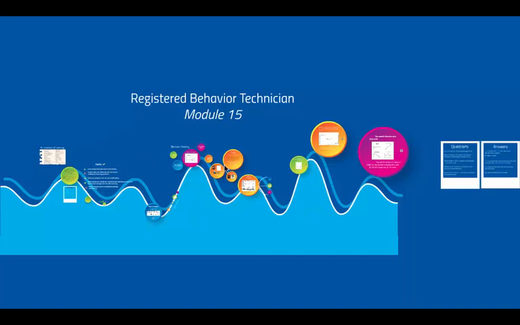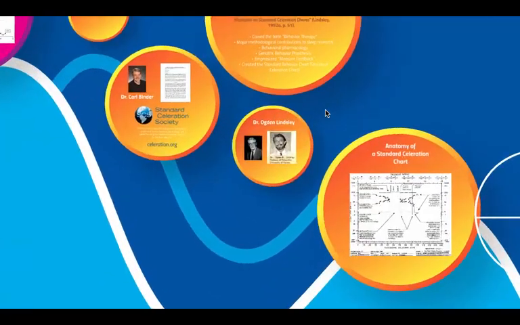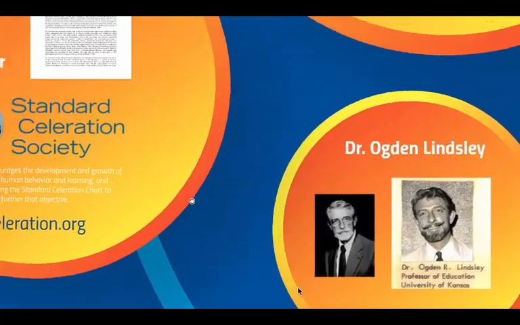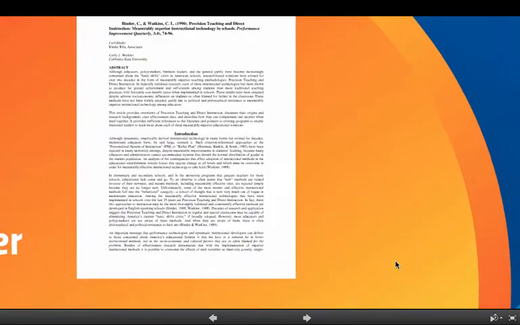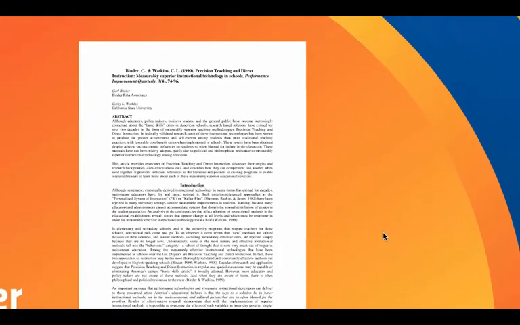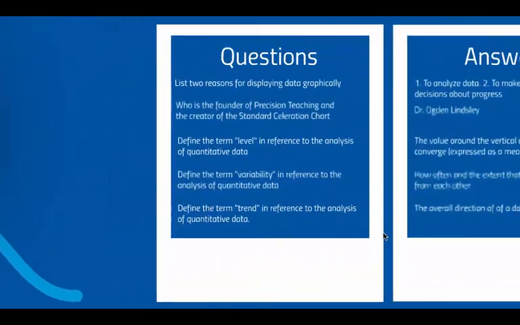And once again, I encourage you that if anybody here is looking to advance their knowledge in education and would like to do some reading and study in the area of precision teaching and direct instruction, I highly encourage this particular article by Dr. Binder and Watkins, and for you to do some of your own work in that particular area.